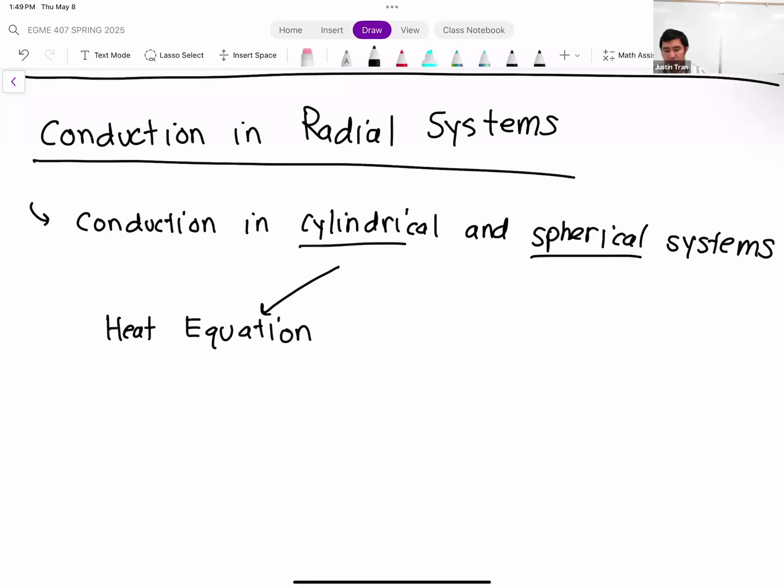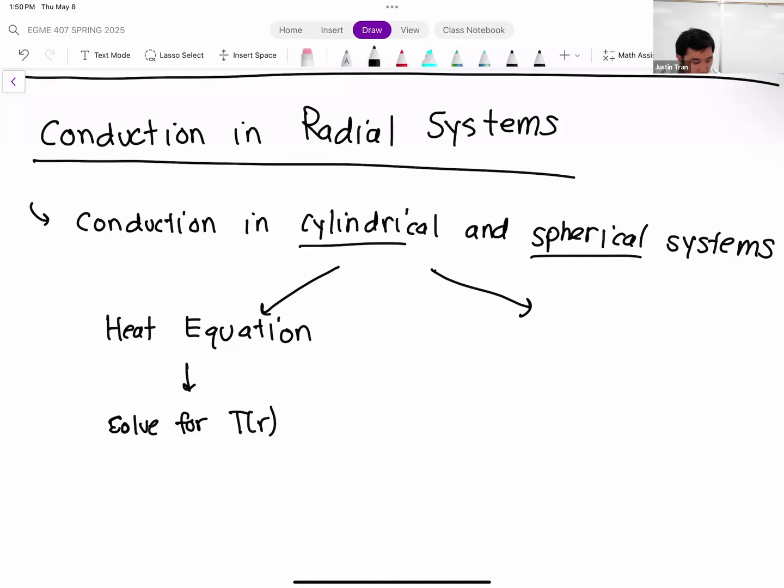With heat equation type problems, you're going to be solving a differential equation, solving for the temperature distribution in a cylinder or sphere. So that involves starting from the full heat equation, canceling terms through assumptions, applying boundary conditions, and integrating. So that's a big part of it.